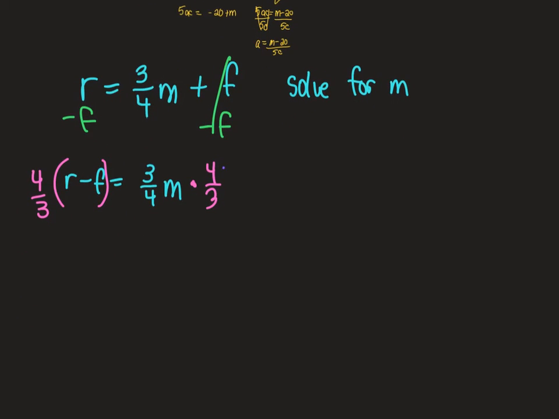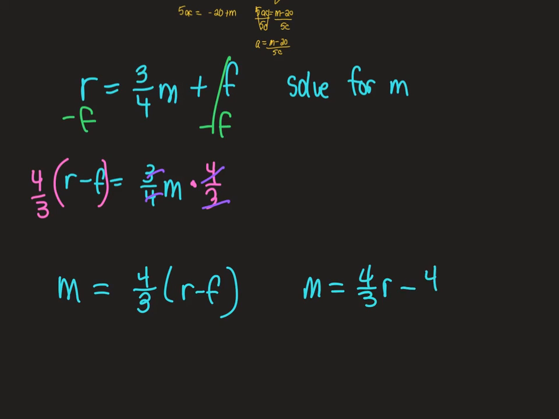And so now the 4's are gone, the 3's are gone. I'm going to write my m on the left because I like it better. And you are perfectly fine to leave it 4/3 parentheses r minus f. You don't really have to distribute. If you wanted to, you could say 4/3 r minus 4/3 f. But you don't have to. This answer is just as good as that one.